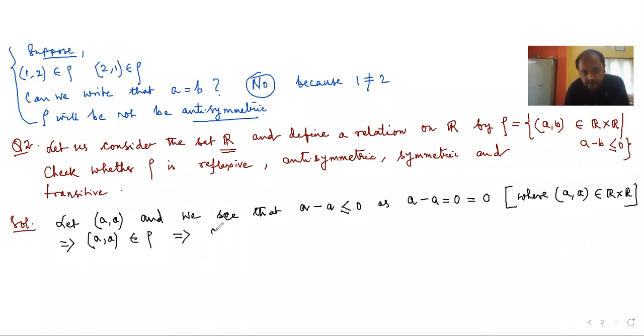This implies A is related to A. This implies rho is reflexive. Okay, this is point number 1.